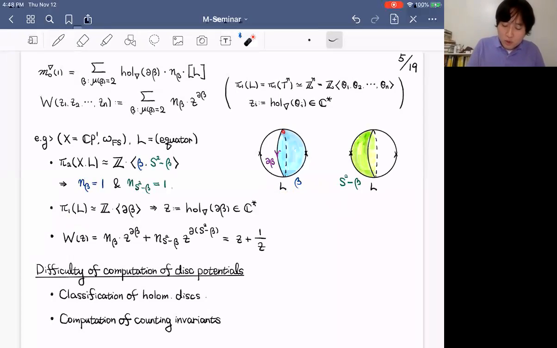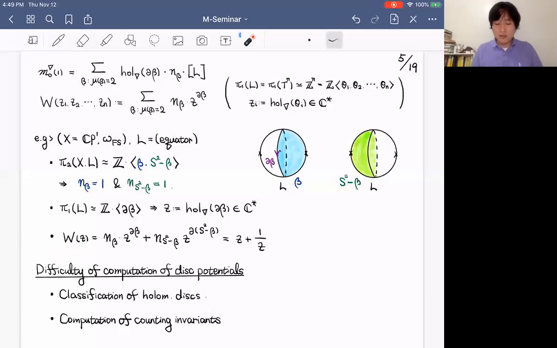Then I'm going to choose the basis for the pi_2 as the boundary of the blue disk, the boundary beta, and then we associate the coordinate Z as the holonomy of this boundary beta.